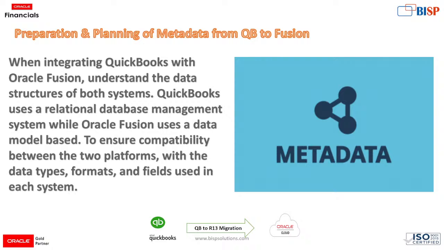By having a comprehensive grasp of data structure, you can identify any potential compatibility issues and take necessary measures to ensure the successful transfer of data between the two platforms. This will ultimately streamline your business operations, improve data accuracy and increase overall productivity.